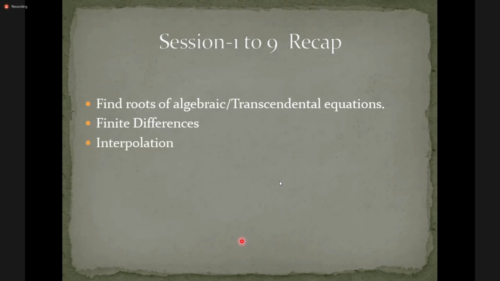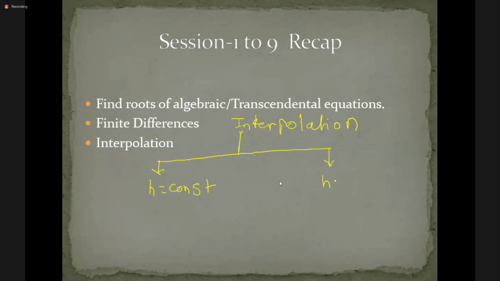And lastly, in the last 2-3 sessions, we completed interpolation. In interpolation, we have 3 types that we have already seen. There are mainly 2 parts: h is a constant, and h is not a constant.